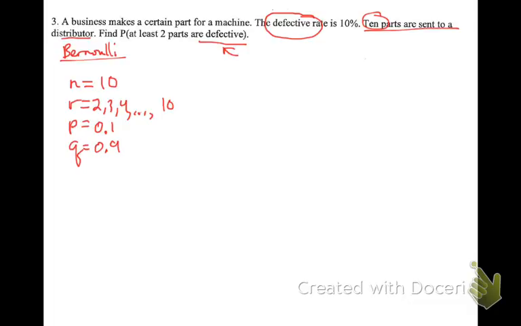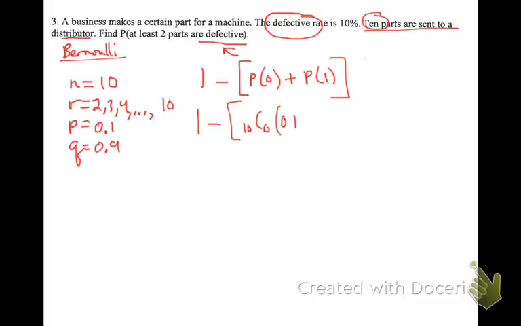Because we're dealing with the complement, we have to remember to do the 1 minus. We're essentially doing 1 minus the probability of 0 plus the probability of 1. So probability of 0 is going to be 10C0 times 0.1 to the 0 times 0.9 to the 10.